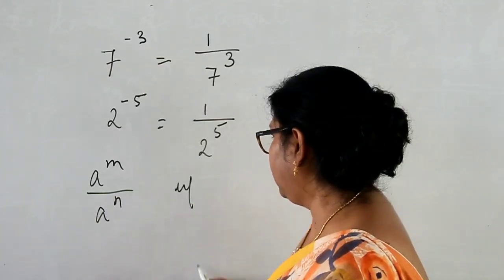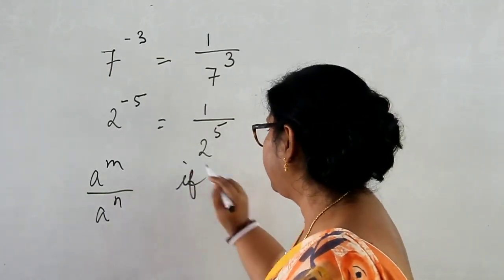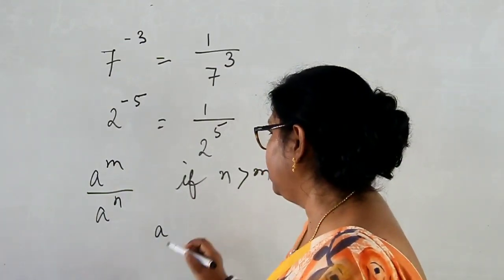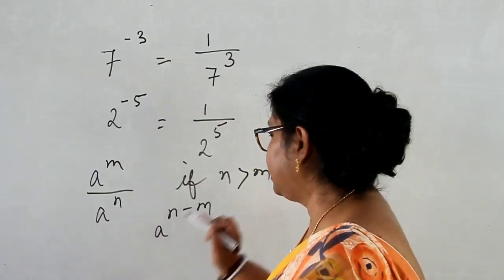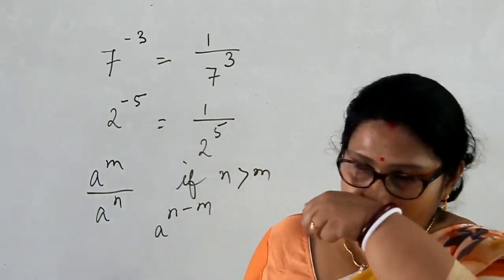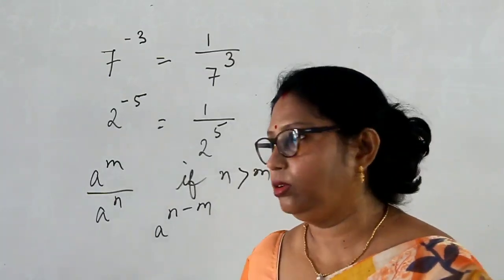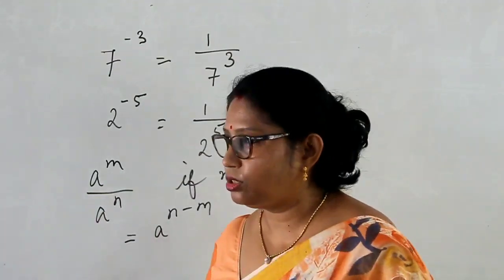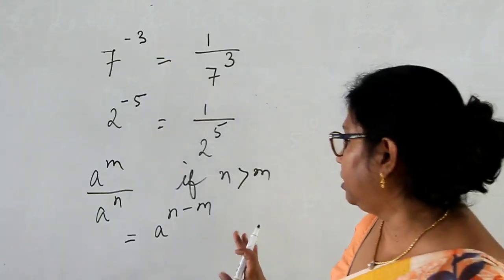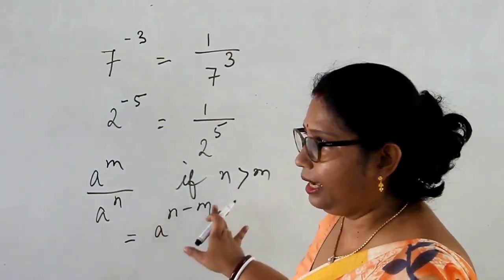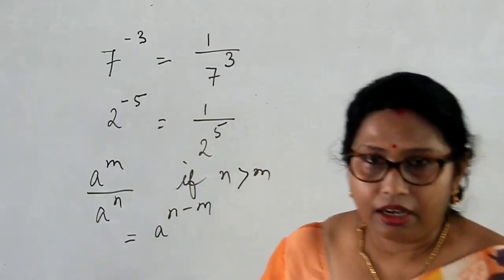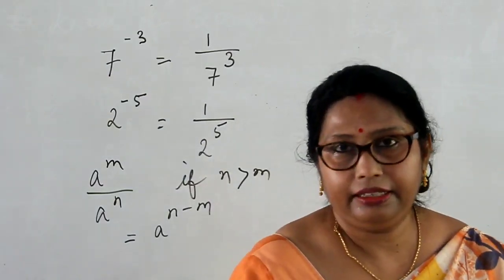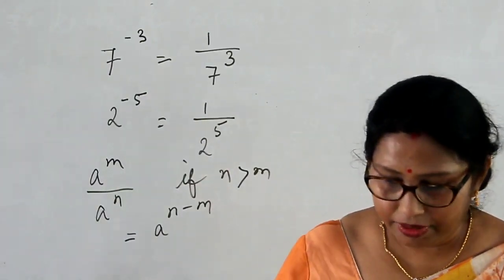If m is greater than n, then we are going to have m minus n, and if n is greater, to express it in a positive way we have to write it in the proper way. So I think you understood the two differences between the two cases where m is greater than n and n is greater than m.